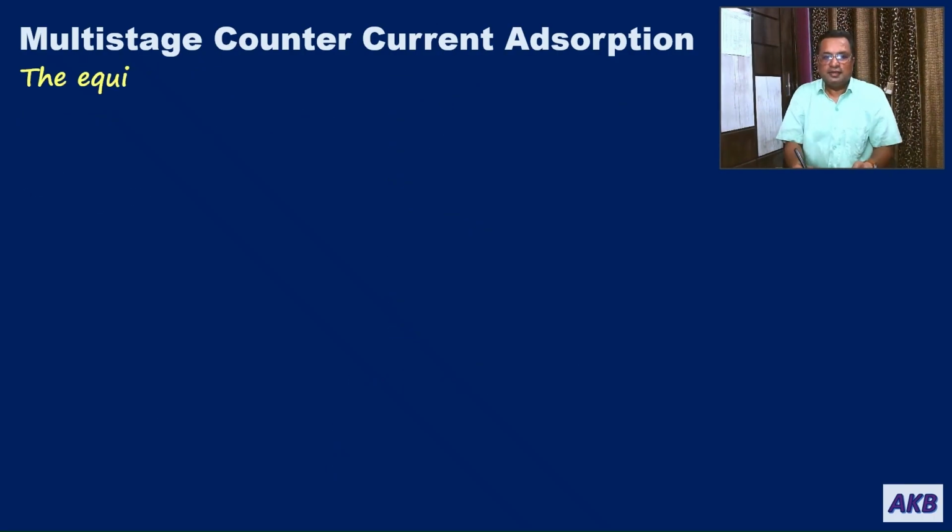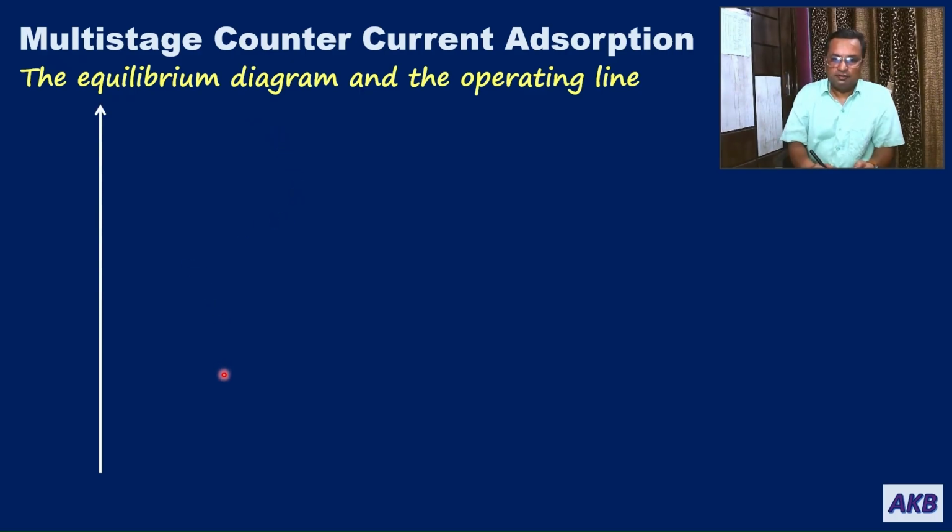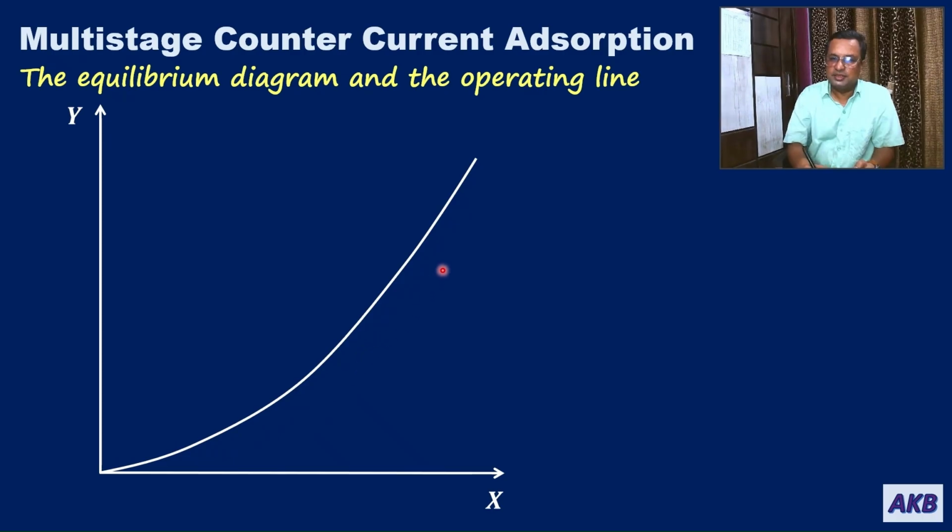So after getting the equation for the operating line, now let us plot the operating line on the equilibrium diagram. The equilibrium diagram, as you know, is a plot of capital X on the x-axis and capital Y on the y-axis. And when you plot the equilibrium values, you are going to get a curve which is the equilibrium curve.